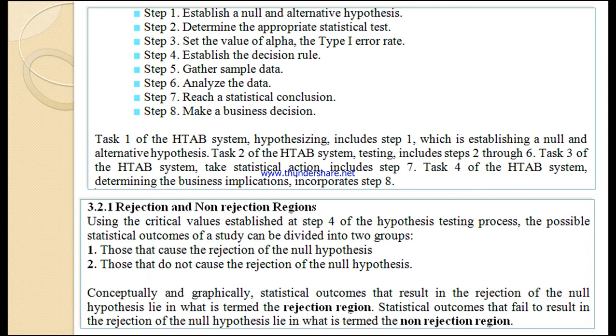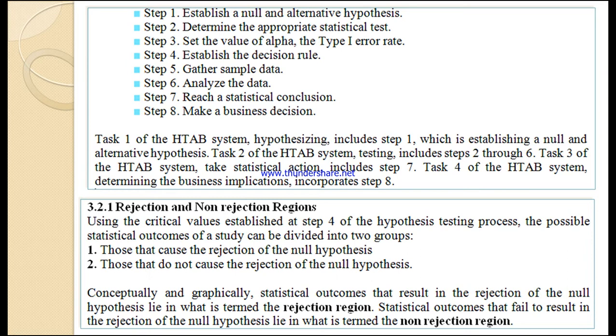The first step is establishing both null and alternative hypotheses. Step number 2 is determining the appropriate statistical test. Then we set the value of alpha, which is the type 1 error rate, in step number 3. Step number 4 is establishing the decision rule.